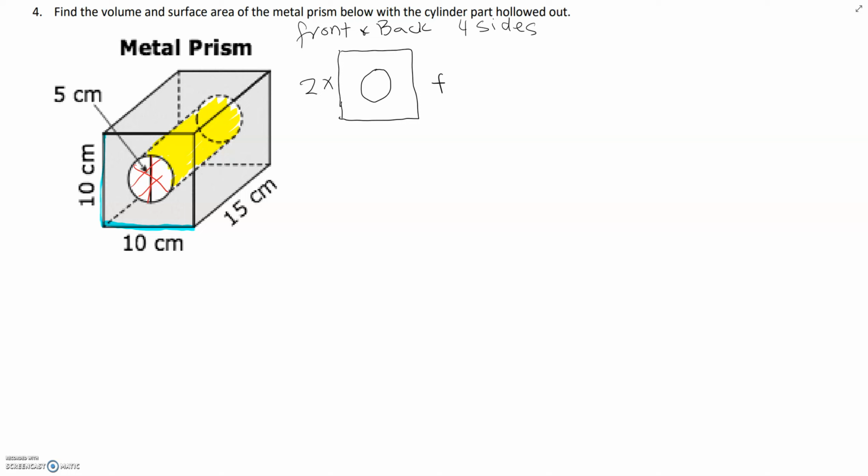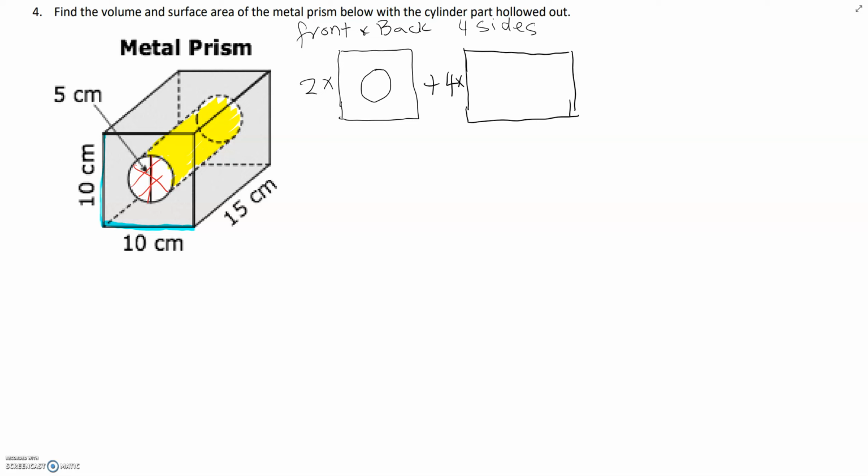But since it's a square, you have four sides that are the same size, so you have four of those rectangles.